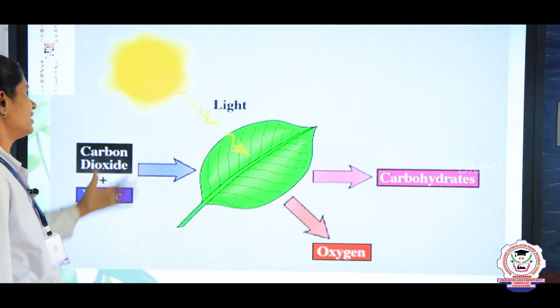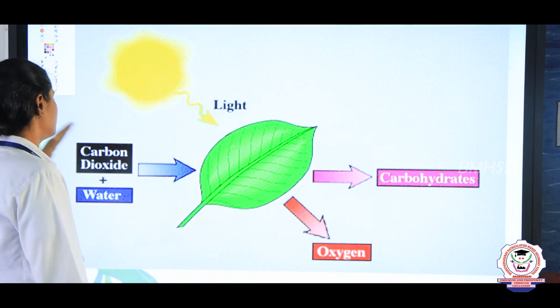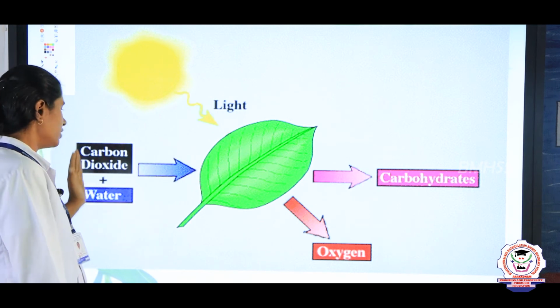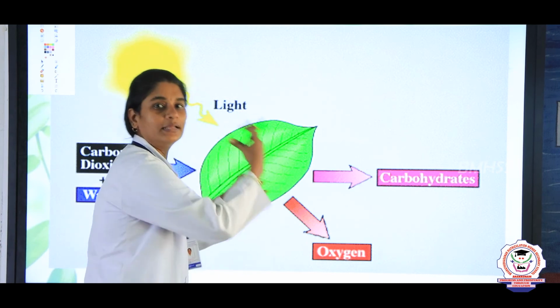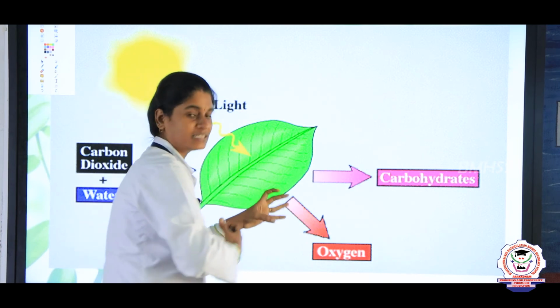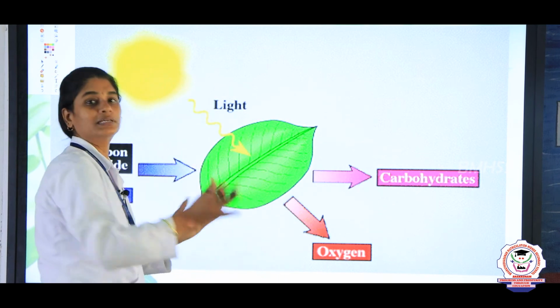Okay. So, here we can see the sunlight and from the air, the carbon dioxide and water. Once all are put together in the leaf cells, in the chloroplast, they give out the end product.